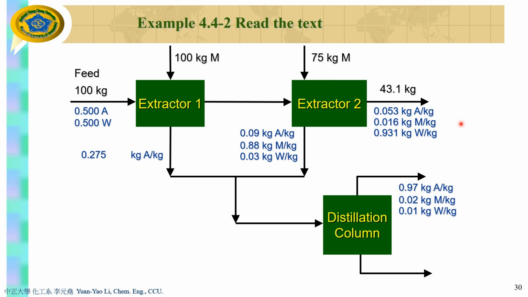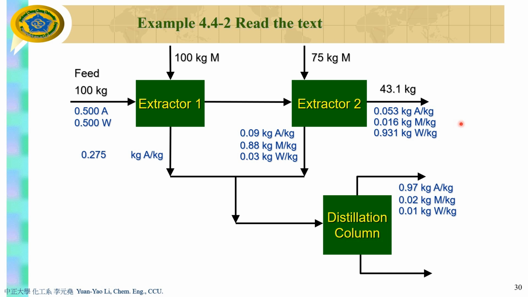Okay, so the next paragraph: taking a basis of calculation of 100 kilogram acetone-water feed. So you already know this is a basis, right? And then they want you to calculate the masses and the compositions of stage 1. So these are the information you need to know, and then you need to solve.